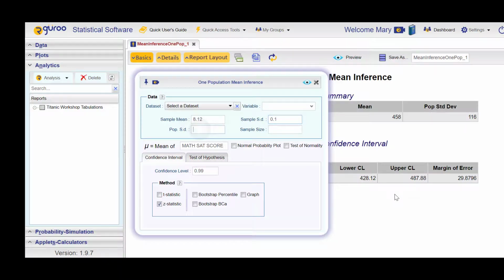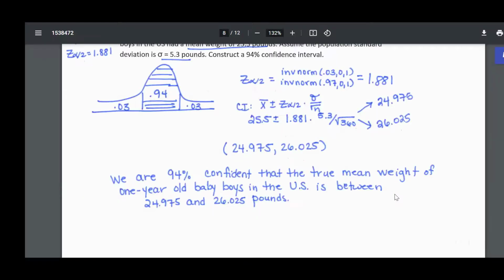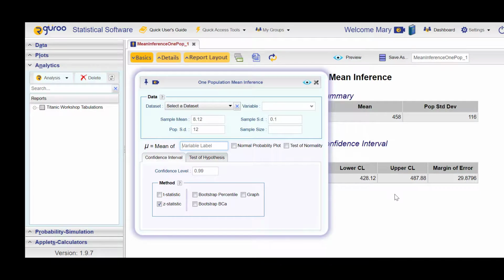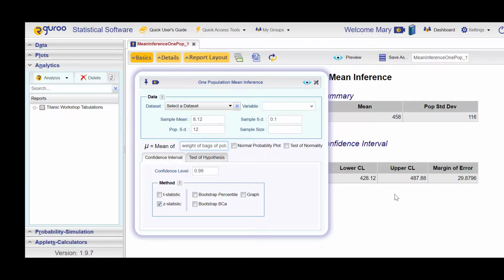It was. And this is the mean we're estimating, the population mean weight of bags of potato chips. And our confidence level was 0.99, which is what I already have in here.